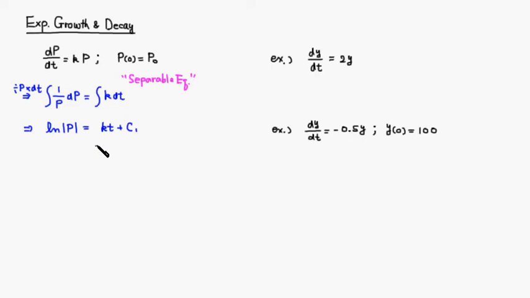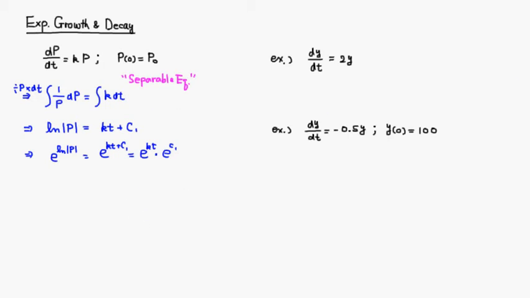In order to simplify this, I'm going to raise e to both sides. So you have e to the natural log of the absolute value of p, equal to e to the kt plus c1, and I'm going to rewrite it as e to the kt times e to the c1. e to the c1 is a constant anyway.